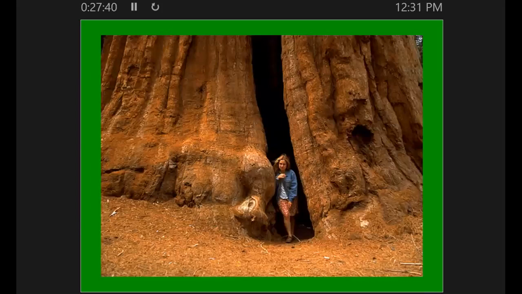And then of course, massive trees. You think about their stem tissue. That's not me, unfortunately, but I did get to go see the giant sequoias in Yosemite Park. And I would highly recommend that.